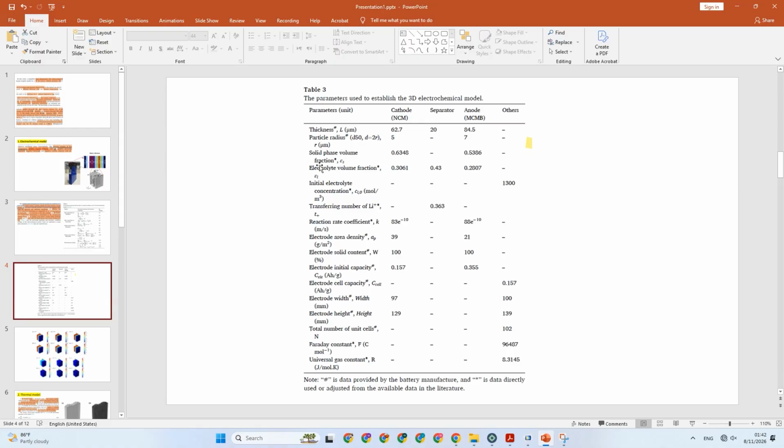For example, solid phase volume and electrolyte volume. Solid phase volume fraction is, we are in correct position because solid phase is in cathode and anode, and separator is electrolyte.